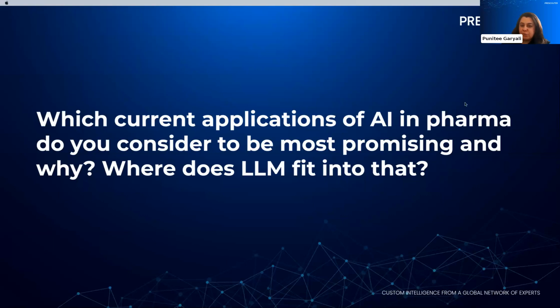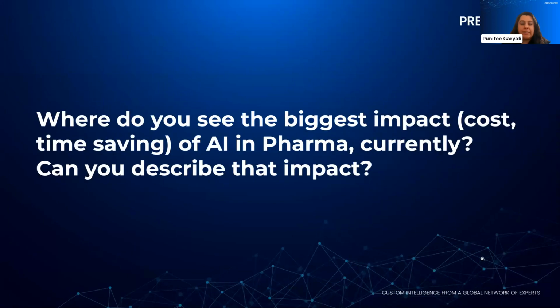We have high throughput screenings for target identification. We have computational drug designs. We have a lot of technological improvements in the past decade or so. Still, right now, it takes around $2.8 billion US dollars and roughly around 15 years to get an innovative drug into market. The biggest impact, I believe, of AI in pharma would be to beat Eroom's law.